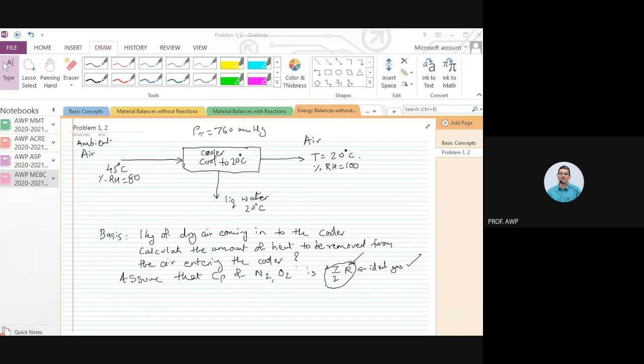So first do the material balance. Material balance we have done plenty of times in these kinds of situations. First do the material balance, take the basis as 1 kg of dry air, and then you think about doing the enthalpy balance.